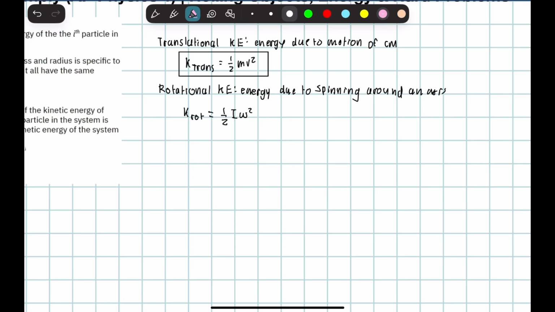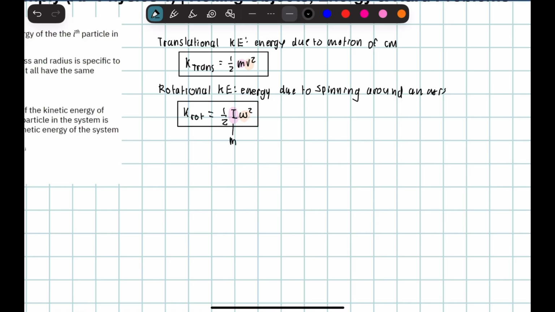What you can see is that some things in these two equations are analogous. Mass is analogous to moment of inertia, and velocity is analogous to angular velocity. These are the two counterparts of each other, and you just have to know those variables so that you can interchange them with each other.